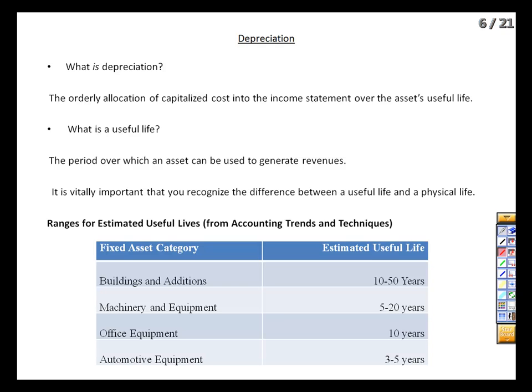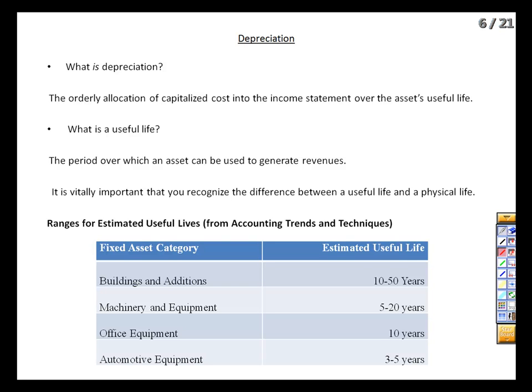I have down here a little table from a publication called Accounting Trends and Techniques, since accountants are oh so trendy, or techniquey, or something like that. Anyway, this is a survey that reports what companies are using for their accounting policies. You'll see that for a particular fixed asset category, there are quite wide useful lives, and this will be based on not just what the asset happens to be, but also how long that particular asset will be used by a particular company.